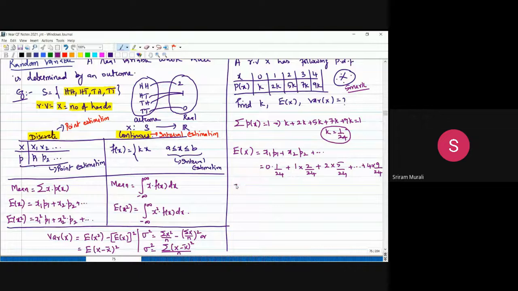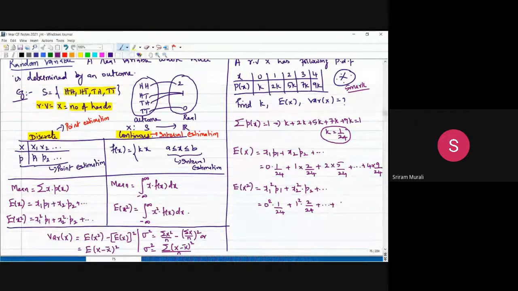What is E of x square? Because we want to find variance of x. This is x1 square p1, x2 square p2, etc. What is x1 square? 0 square p1, 1 square p2, etc. What will be the last? 4 square into 9 by 24.